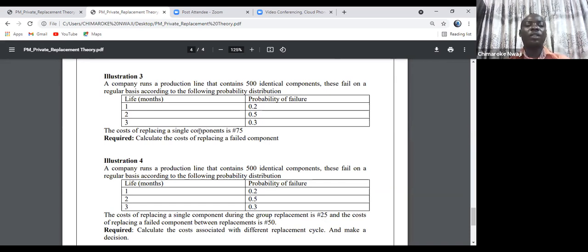The other one in illustration 3 is single replacement. That's why we are asked to calculate the cost of replacing one component that failed. Now we are asked to calculate the cost associated with different replacement cycles and make a decision. That's what we'll be doing in our next class.